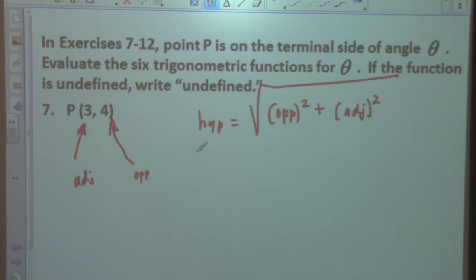And so there you have your hypotenuse. So you have adjacent, opposite, and hypotenuse right here. Do you need a drawing for this? I don't see that it's absolutely necessary.